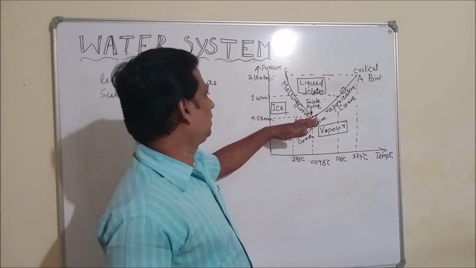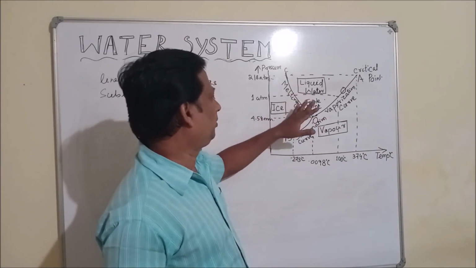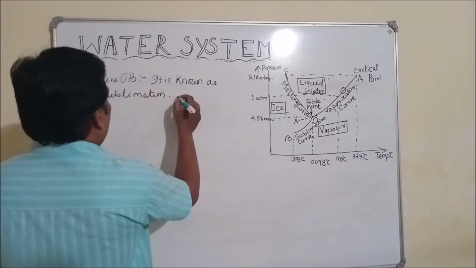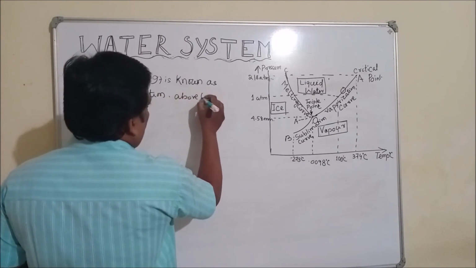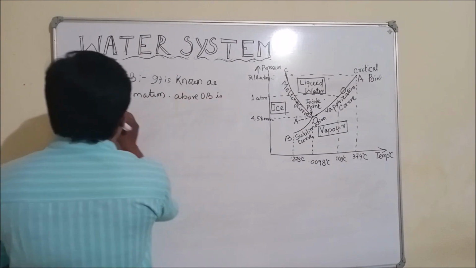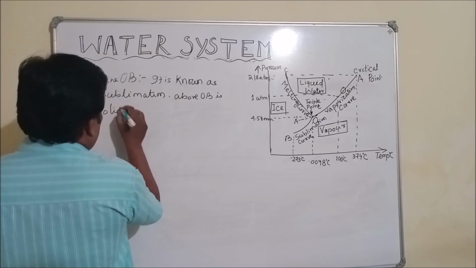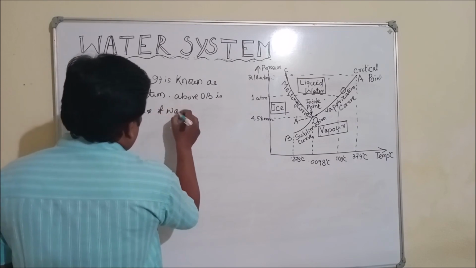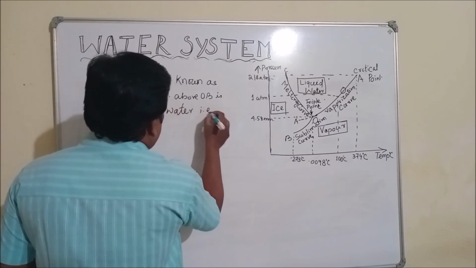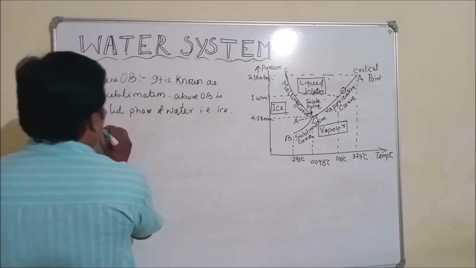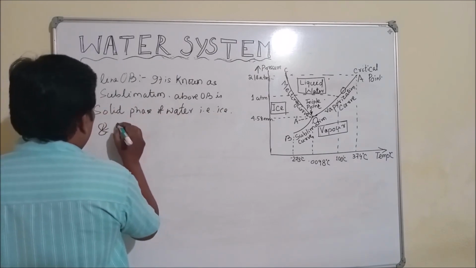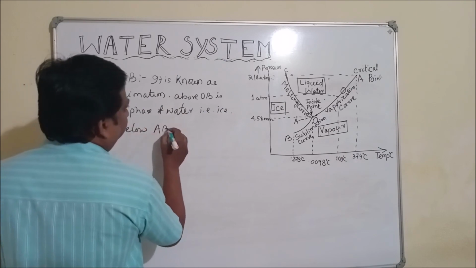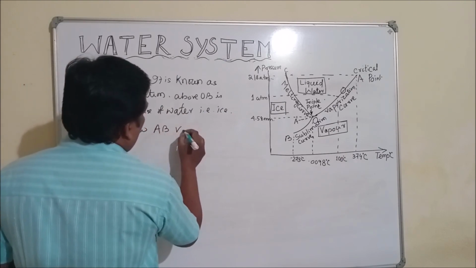Above OB is the solid phase of water, that is ice, and below OB is the vapor phase.